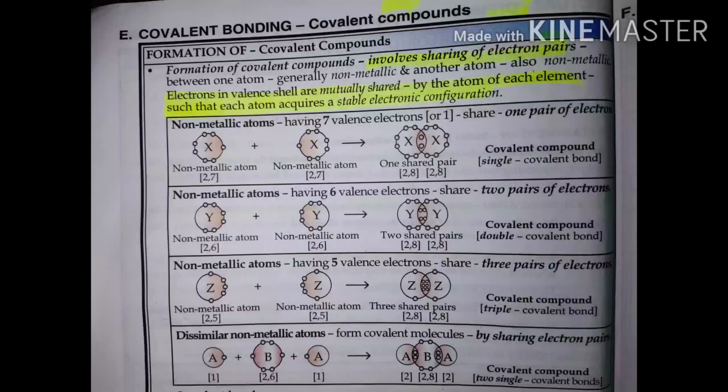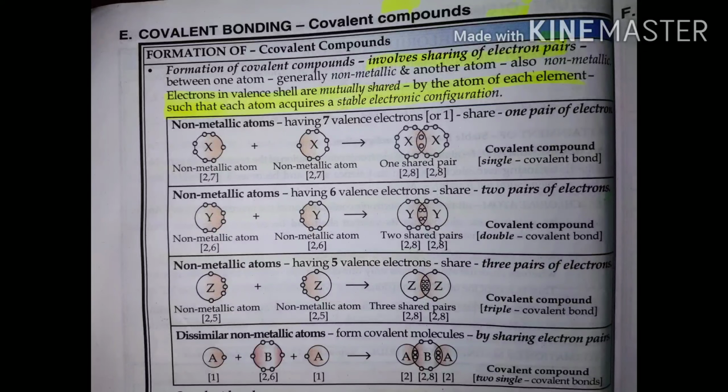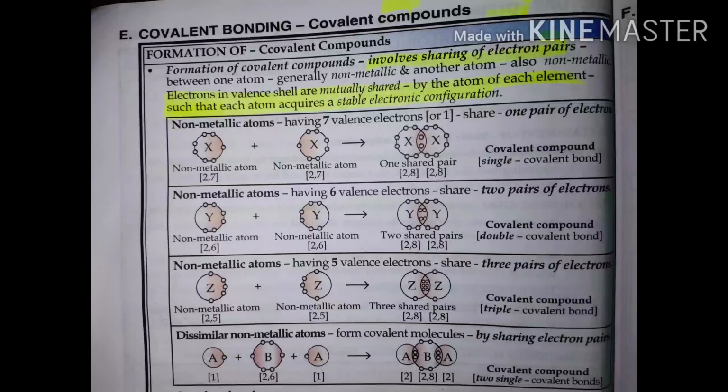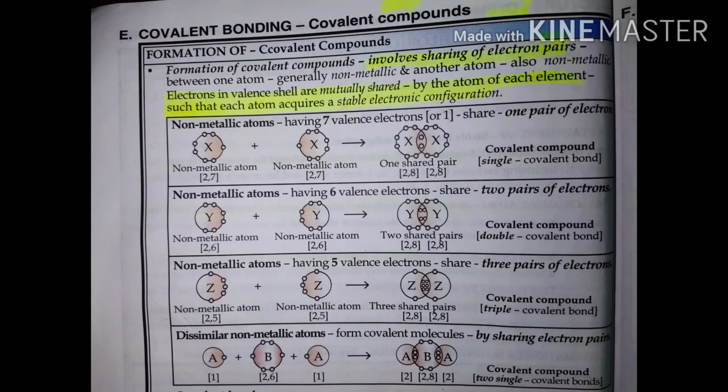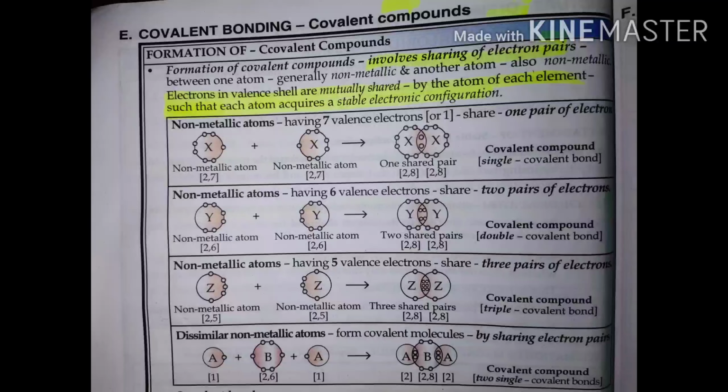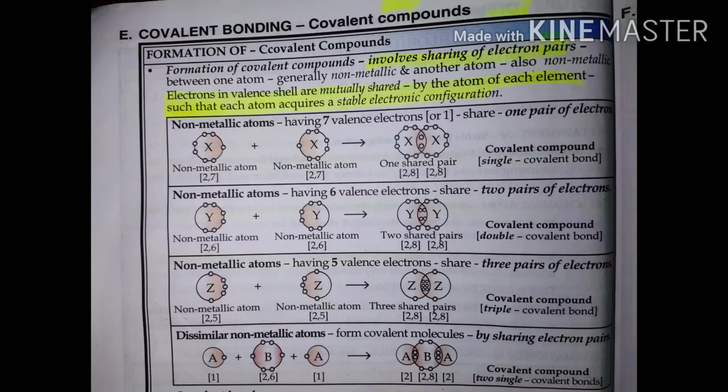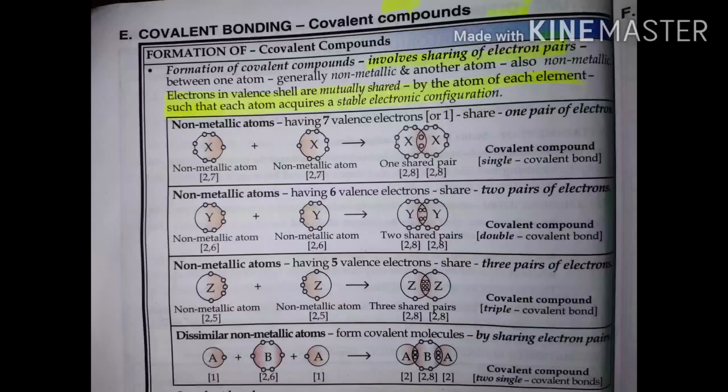Both want to attain stability. Since X has electronic configuration 2,7, it will require one electron to attain stability. Both atoms of X will require one electron, but no one will give it to the other one. Therefore, instead of giving and taking electrons, they share a pair of electrons.